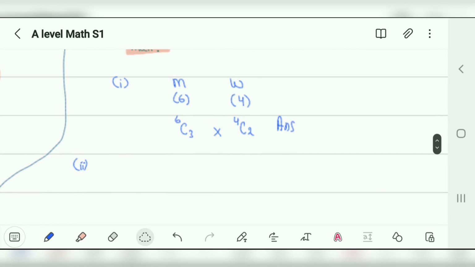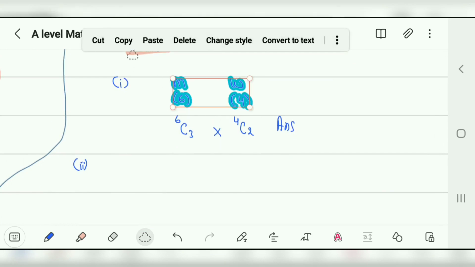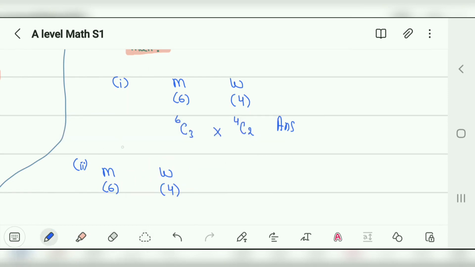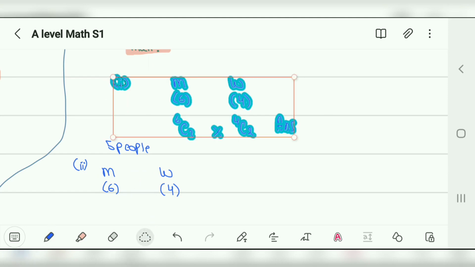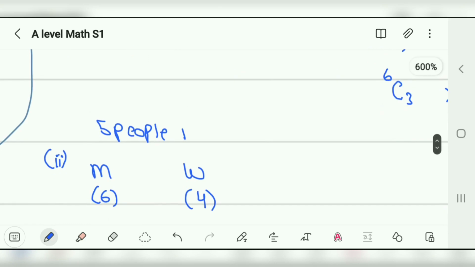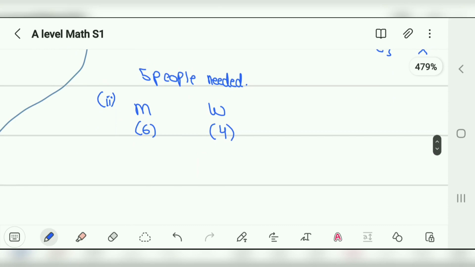Okay, and there must be 5 people needed for this. Okay, more men than women on the committee.